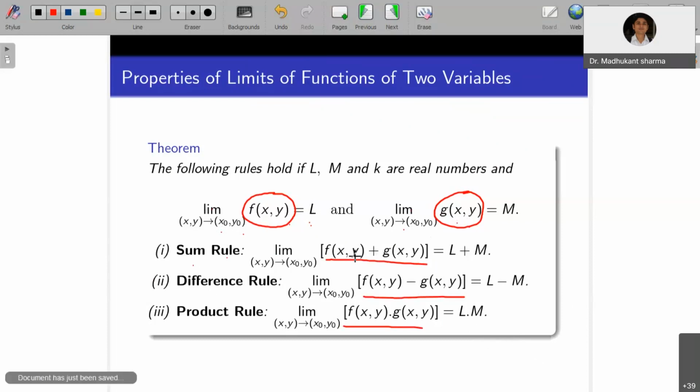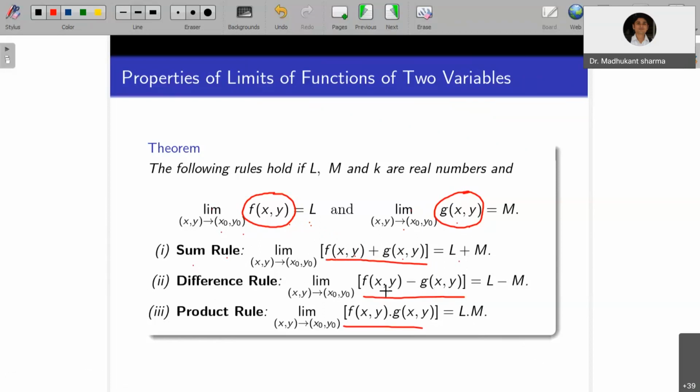So the first rule is the sum rule. When you take the sum of these two functions and then apply the limit, that will give the sum of the limits. This is linearity with respect to sum. Then the difference: here you should keep the order.